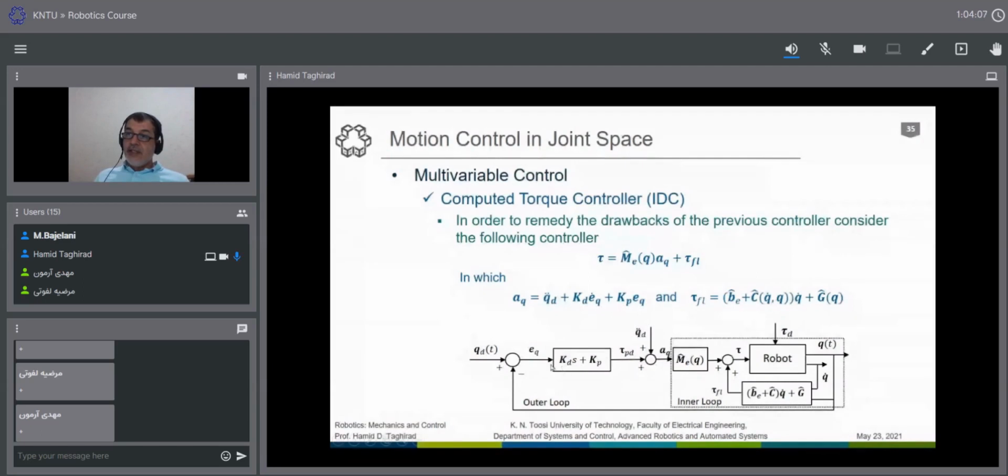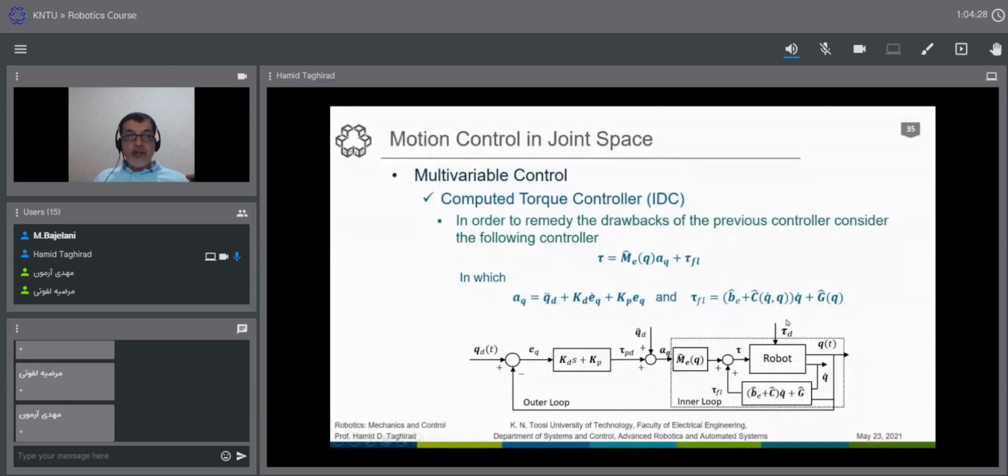So we have this error coming to the PD controller. This gives you the PD part of the controller. You add this to Q double dot. This will give you AQ, and then you multiply it by M hat, plus tau FL.